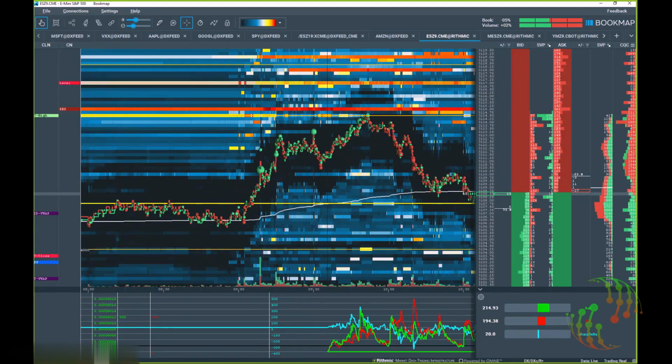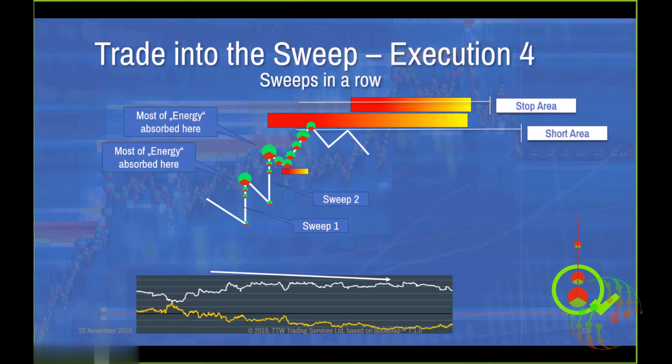We had a foil, and let me show you the foil. This one. Execution 4, trade into the sweep. Sweeps in a row. We talked yesterday about this variation because it happens often.